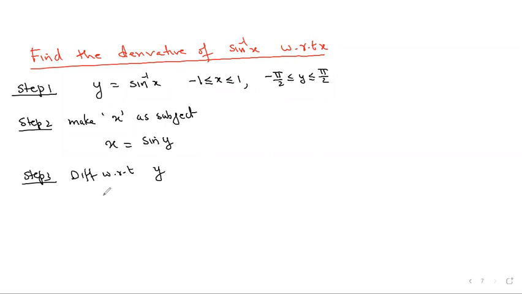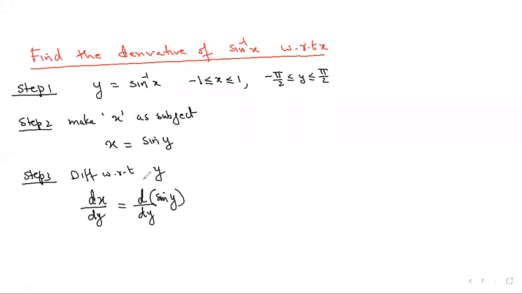Many students are writing this wrongly in the test. D by dx should come as d by dy because I'm differentiating with respect to y. Then x should come. Some students are writing x here and d by dy like this. Yesterday I was checking your papers, and some of you have written like this. It's wrong. And I'm going to take students individually and call you for a one-to-one session. D by dy of sine y.